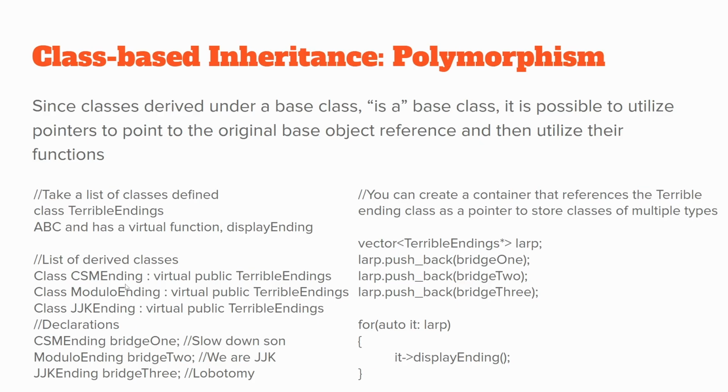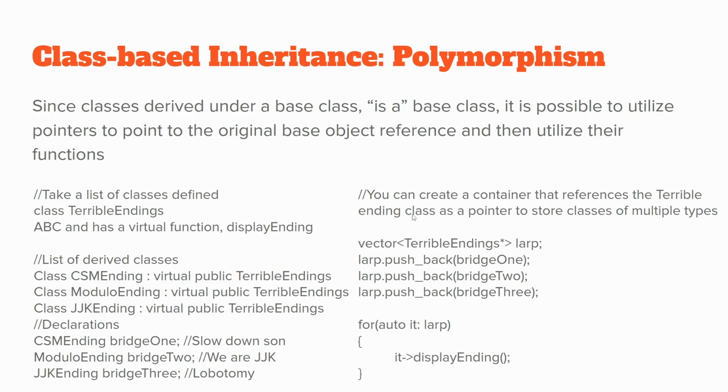Upcasting is when you're taking a class and storing it as a reference of the class that it's inheriting from. Downcasting is when you're taking the base class and calling it a type of its future classes, which is typically not recommended. So we recommend that you use upcasting for polymorphism.